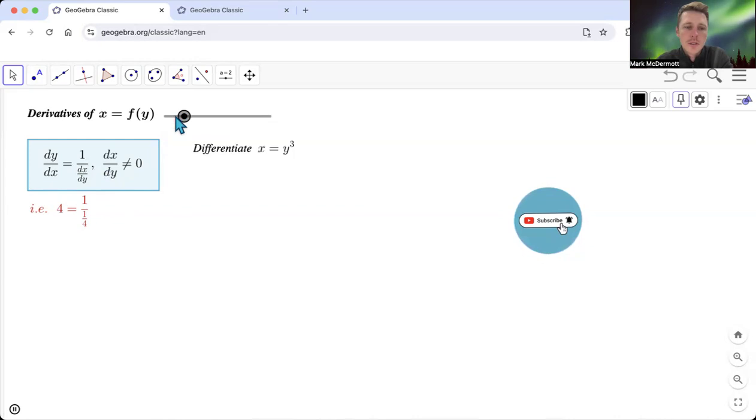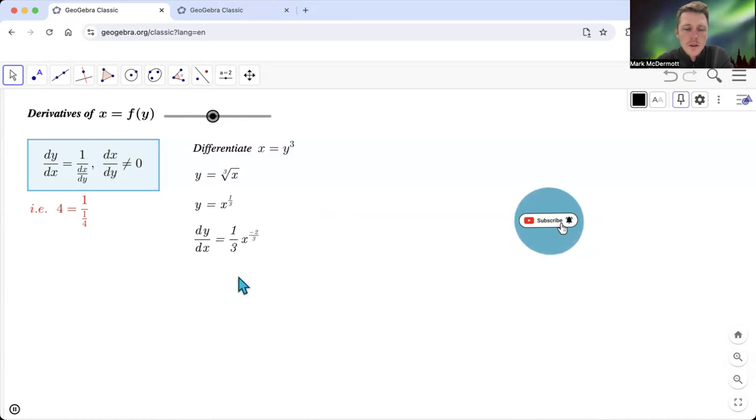Okay, so if we look at something like differentiate x equals y cubed, let's try and solve this problem with the skills that we already have. We could get y to be a function of x. So we'd get y equals the cube root of x, just taking the cube root of both sides, and then y equals x to the 1/3. Then we take the derivative.